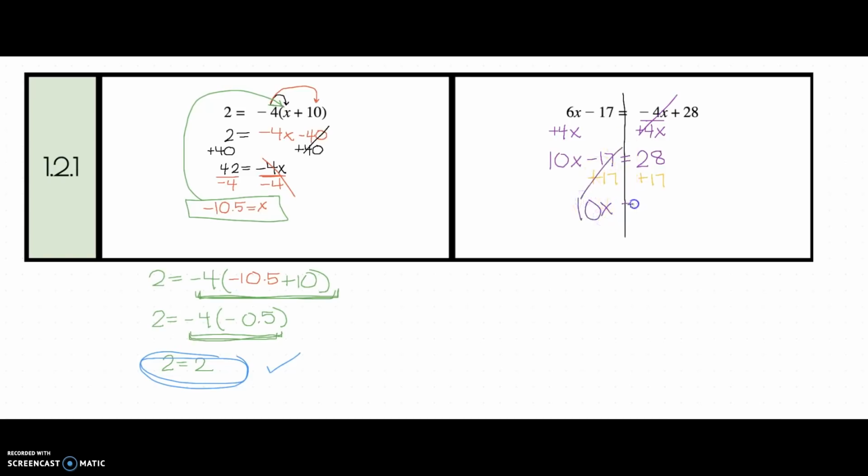Those cancel, equals, and then 28 plus 17 will give me 45. Lastly, I want to get rid of this 10. Since the 10 and the x are squished together, I know they're being multiplied, so I want to undo it by dividing both sides by 10. My 10s cancel, and I'm left with x equals 4.5.